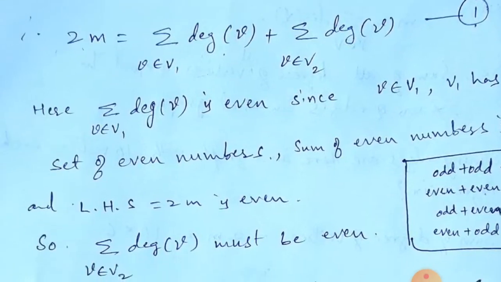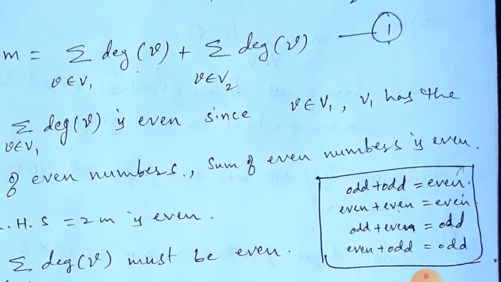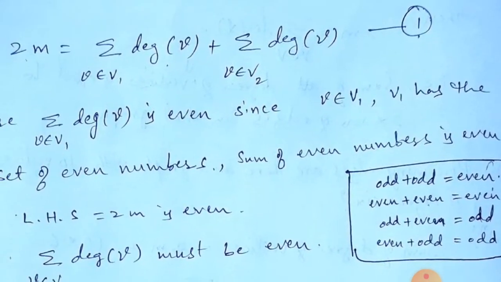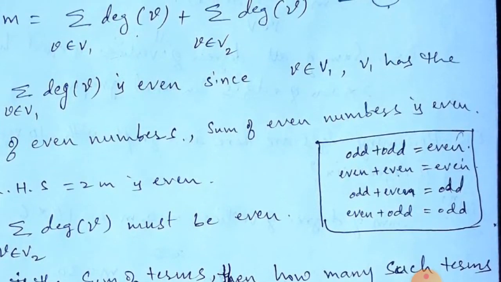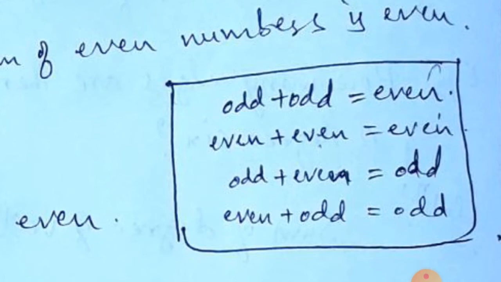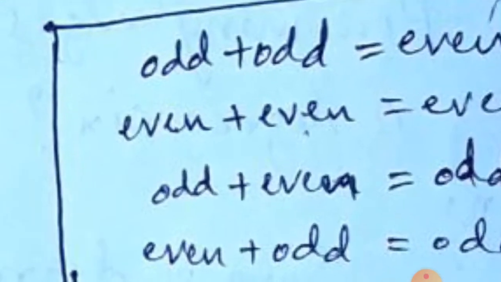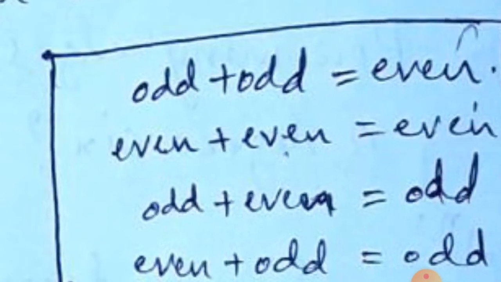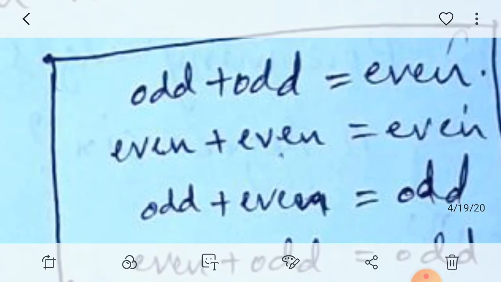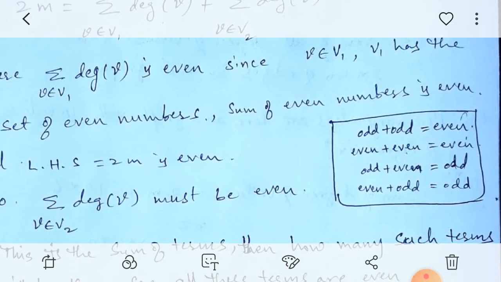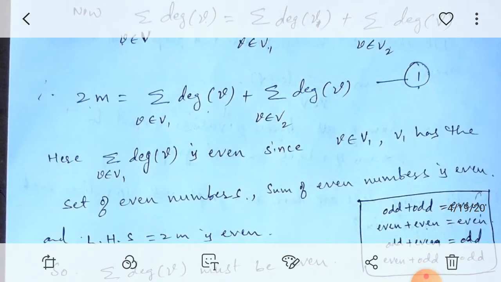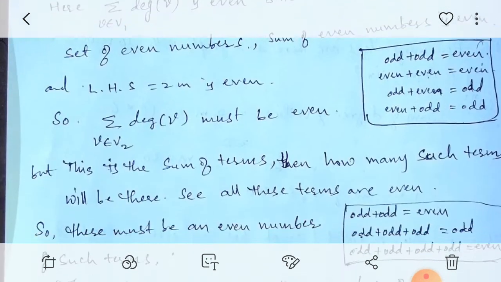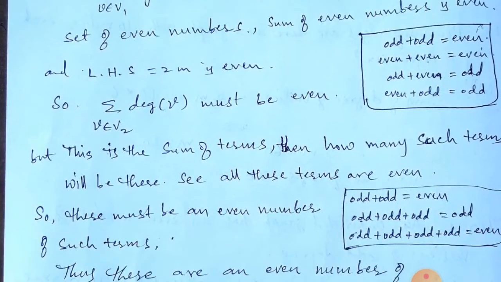If this is even, then automatically the second term is also even, because if one term is odd, the other must be odd. So the second term on the RHS must be even too.